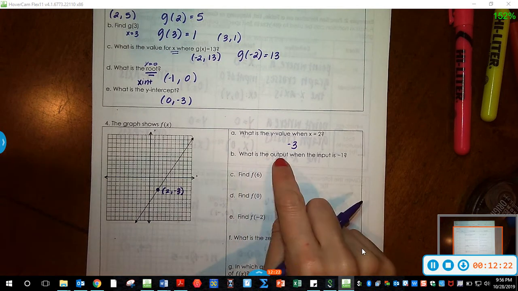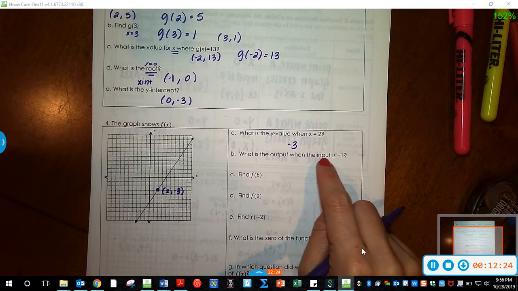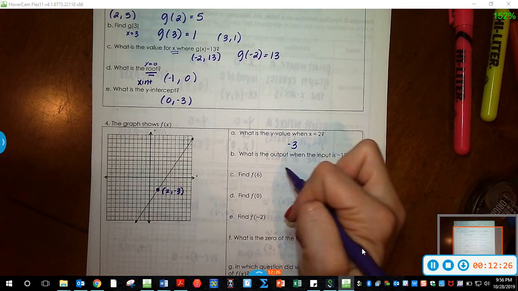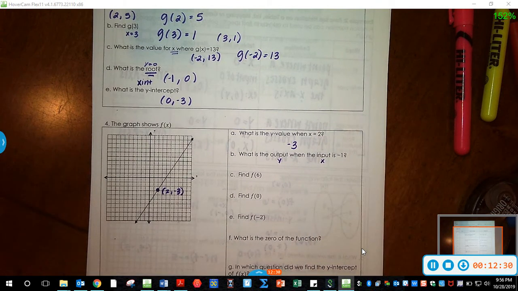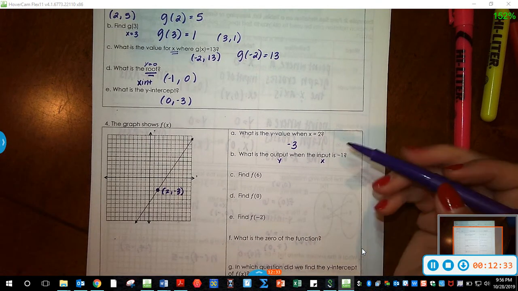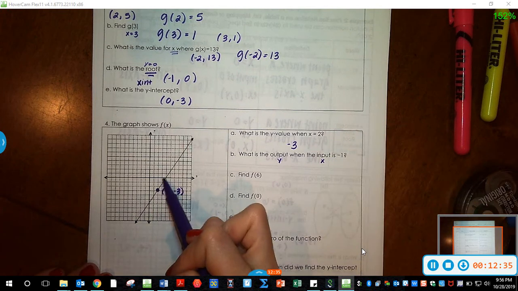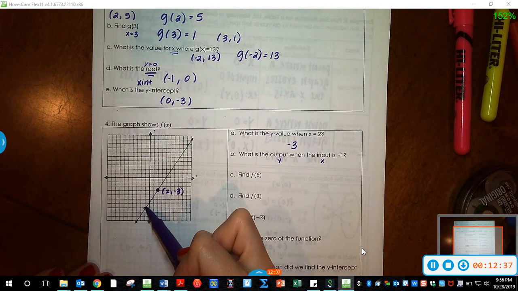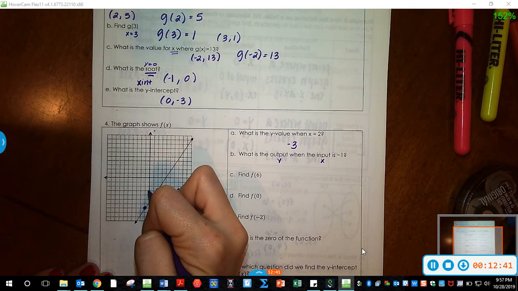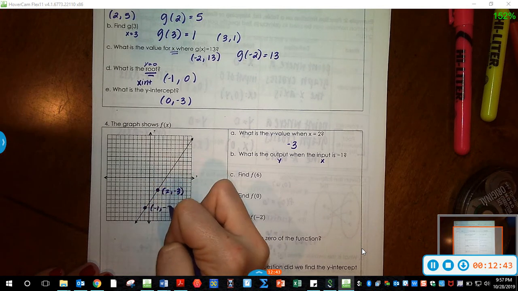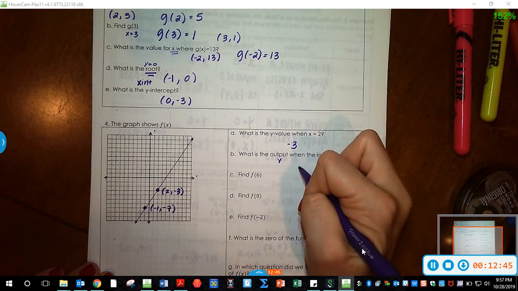What is the output when the input is -1? So we need to recall output is y, input is x. So when my input is -1, so I go to -1. So here, -1, 1, 2, 3, 4, 5, 6, -7.